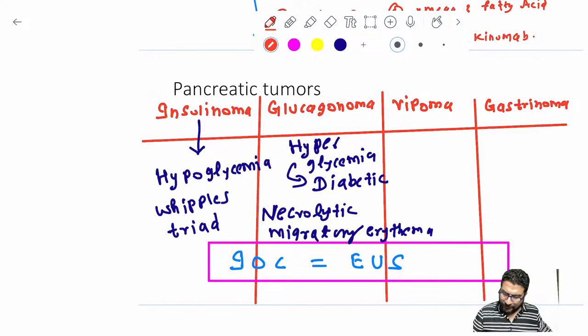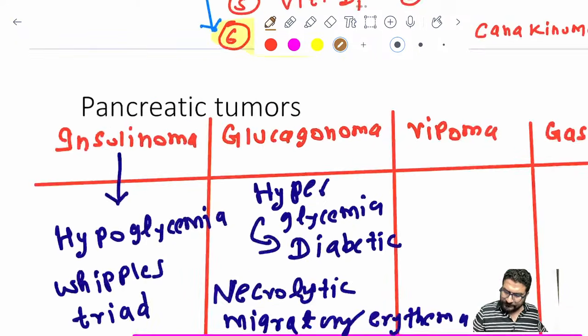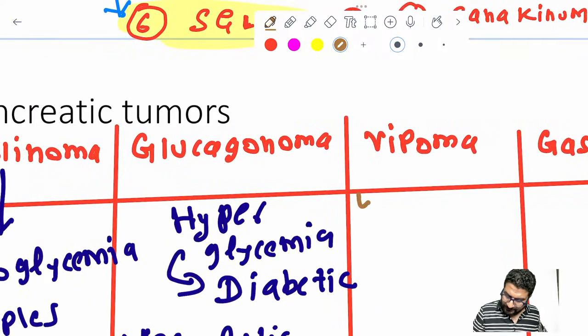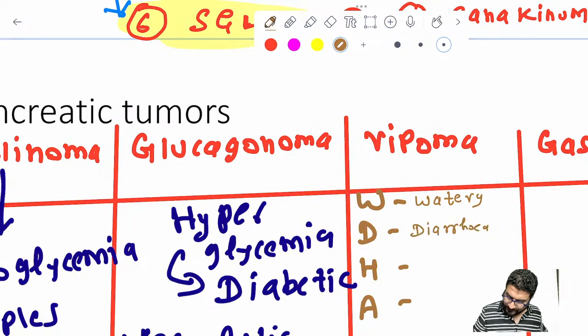Now understand, VIPoma is the one associated with watery diarrhea. We call this WDHA syndrome: watery diarrhea, hypokalemia, achlorhydria.